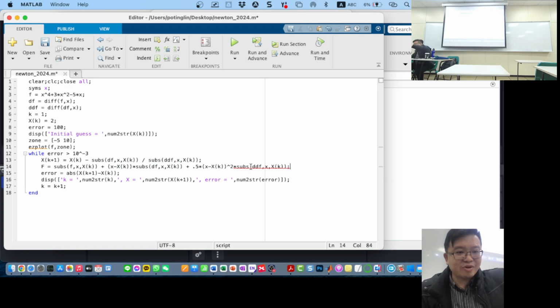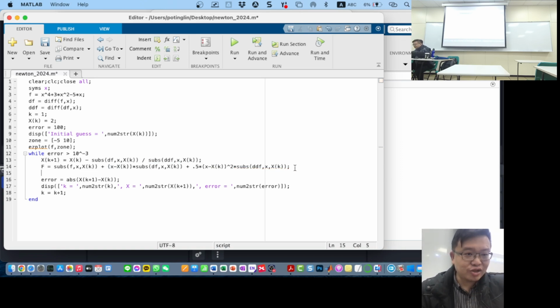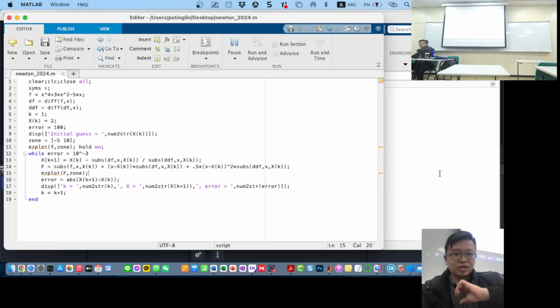So that capital F is my second order Taylor expansion. I'm going to plot it on top of the same figure, so I'm going to say hold on.